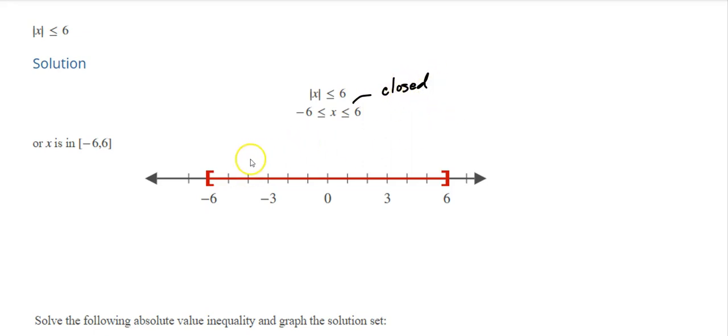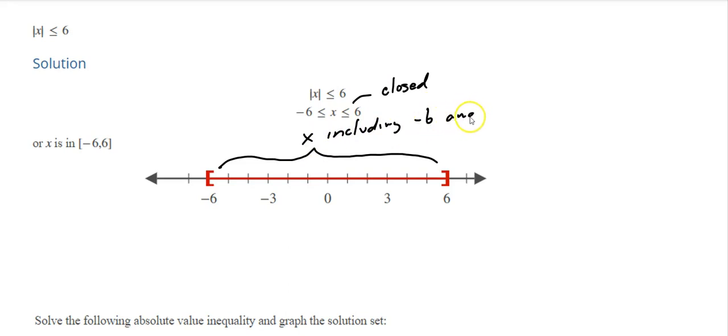So x is going to be anything in here, including negative 6 and 6. And then this right here is obviously your interval notation.